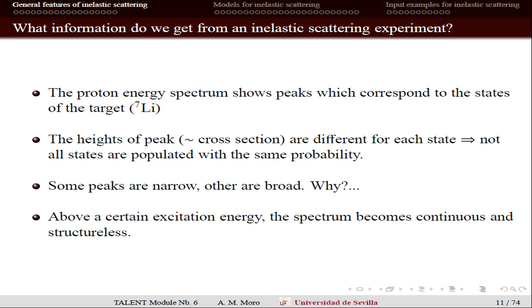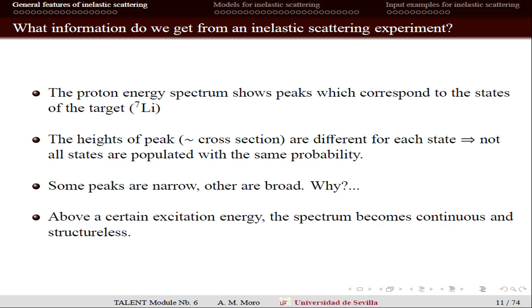By observing the spectrum, what we can get before doing any calculation is that the proton energy spectrum, as we expected, shows some peaks, and this is a signature that we are measuring the scattering on something that has some degrees of freedom and it's getting excited. So we have peaks that give us information about the excitation energy and the spectrum of the system.